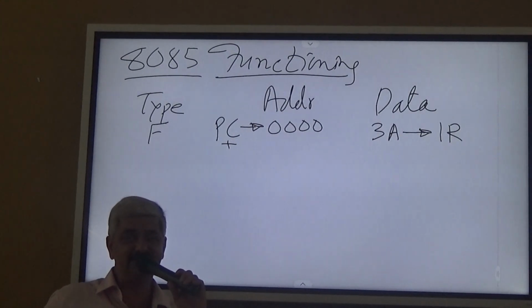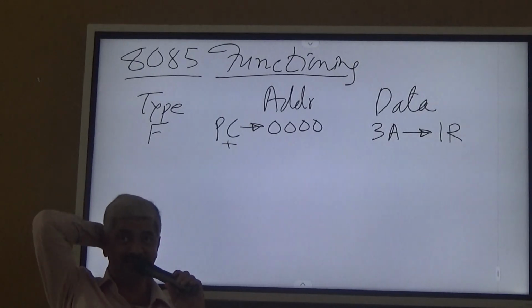What else is needed to be specified or to be understood by the microprocessor, by 8085, to completely understand the instruction? By 3A, bring to accumulator data from external memory.